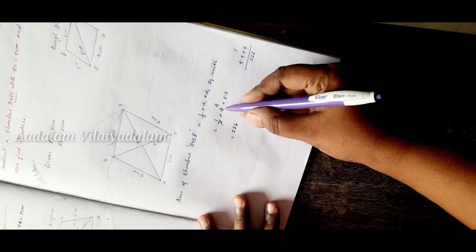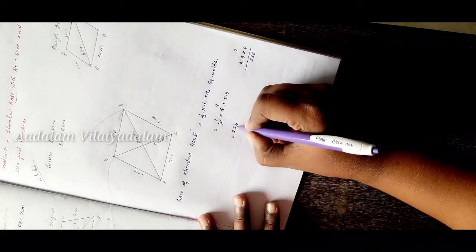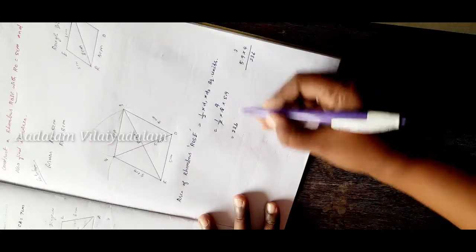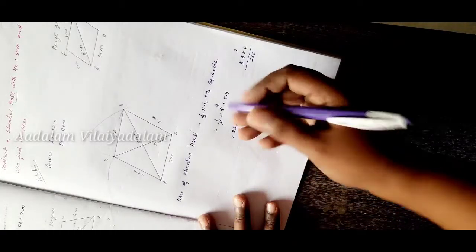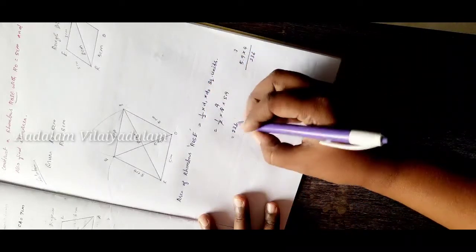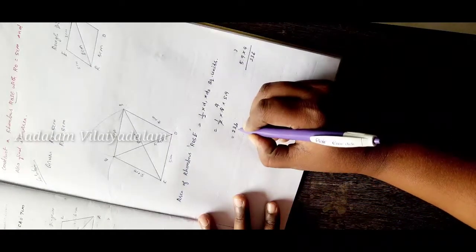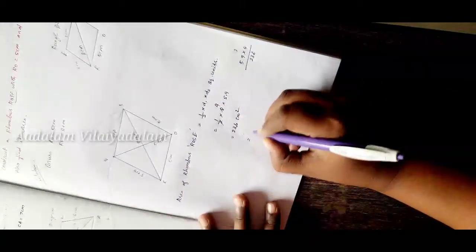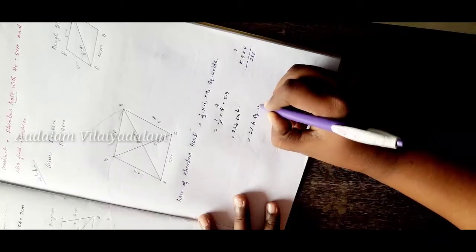Product of 4 and 5.9 we get 23.6, since there is a decimal digit 9, the decimal point moves one digit. So therefore we get 23.6 centimeter square, or we could write 23.6 square centimeter.